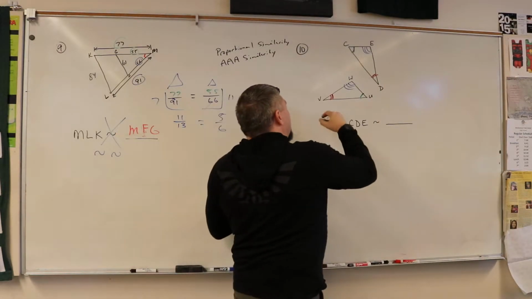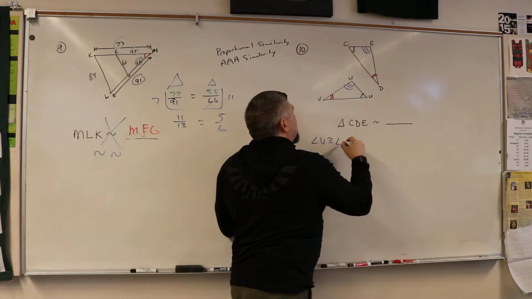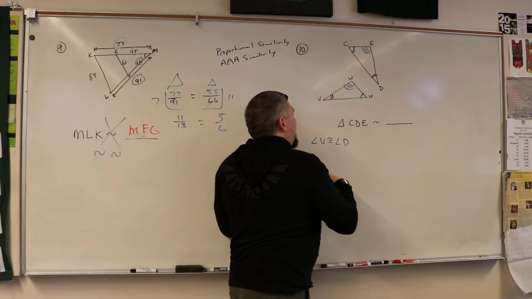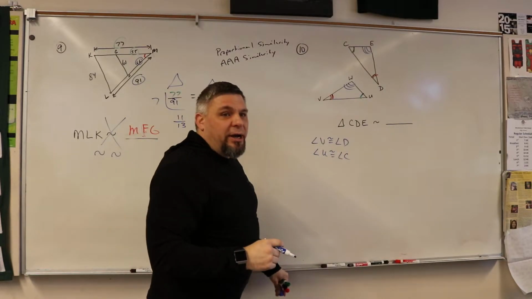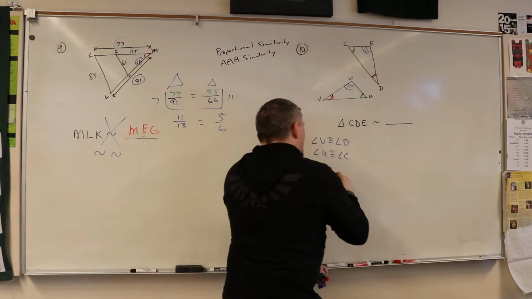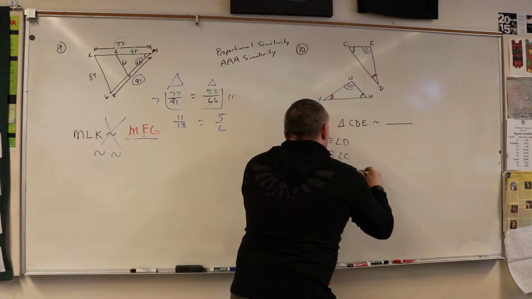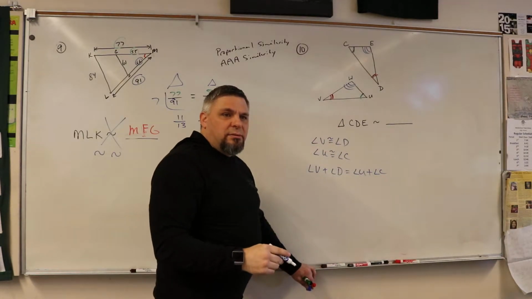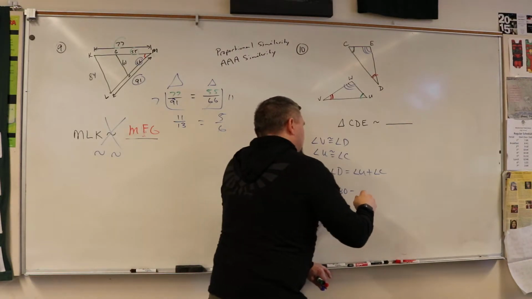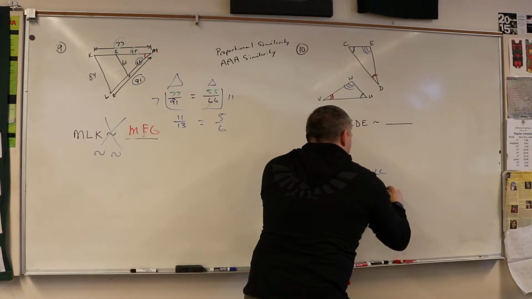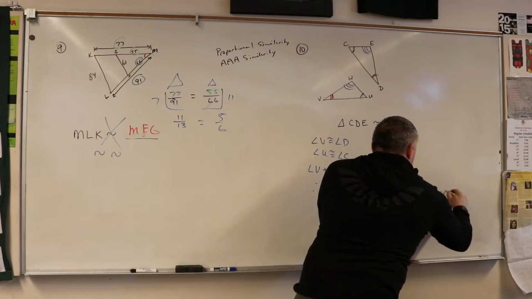Because we could go through a proof. Angle V is congruent to angle D. Angle U is congruent to angle C. So angle V plus angle D is equal to angle U plus angle C. Therefore, 180 minus angle U plus angle C is equal to 180 minus angle V plus angle D. Doesn't that make sense?